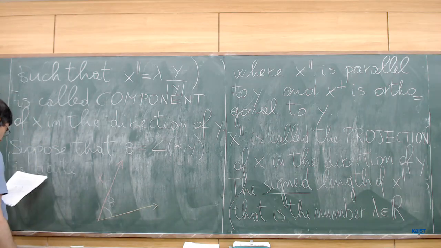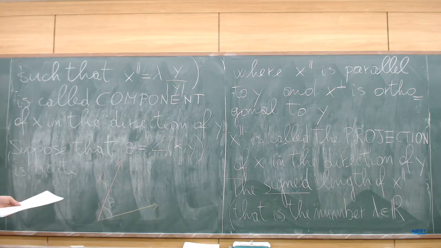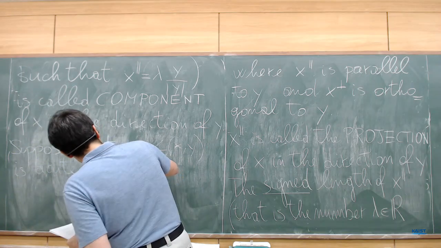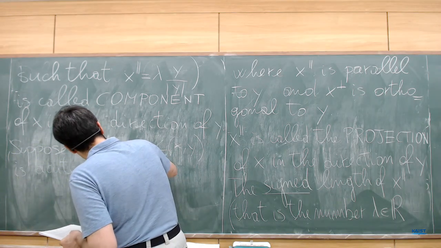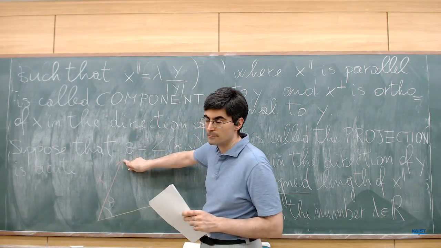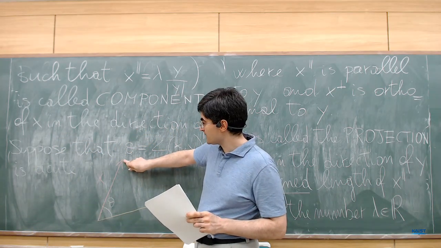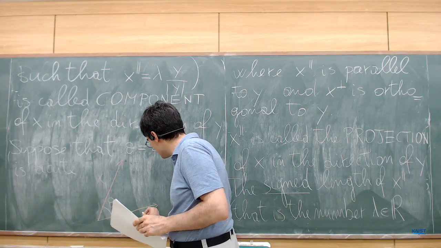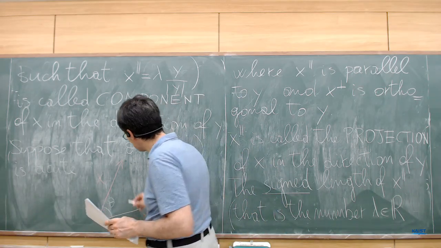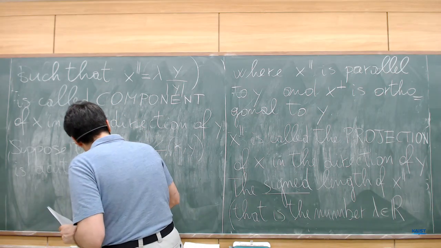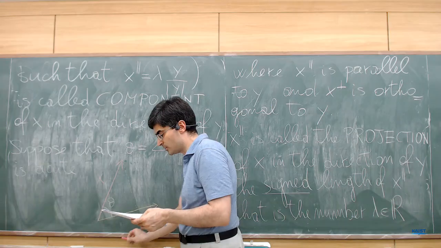What is x parallel and what is x orthogonal? It is clear. You have to draw a segment of straight line starting from the tip of x and which is orthogonal to y. Then you will get two vectors.